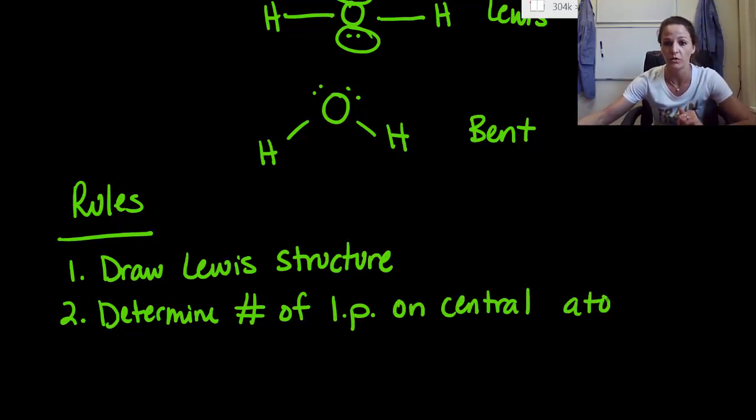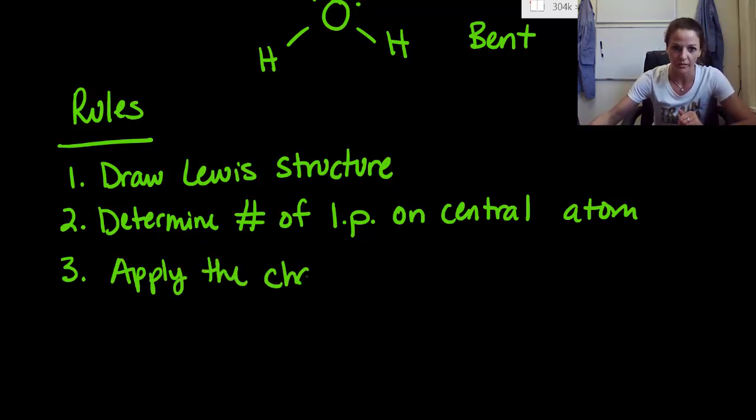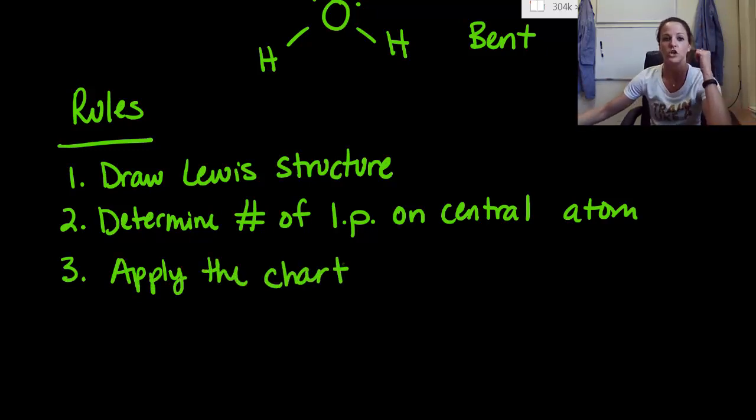It's the same thing we did with water, and we did the same thing with SiCl2. Number 3, you basically apply the chart. Now, I haven't given you the chart. We're going to do the chart in just a second. So it's simple. You draw your Lewis structure. You determine your number of lone pairs. Then you use this chart to determine the shape.